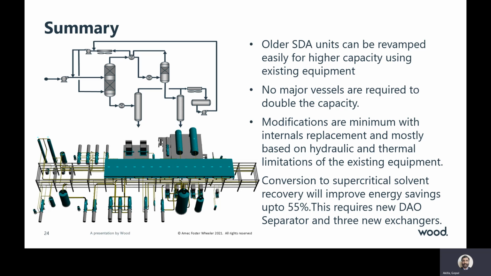Conversion to supercritical solvent recovery will improve energy savings by up to 55%. This requires a new DO separator and 3 new exchangers. Supercritical units have a simplified flow scheme, are energy efficient, and are also low capital intensive. One can recover the investment within 5 years.